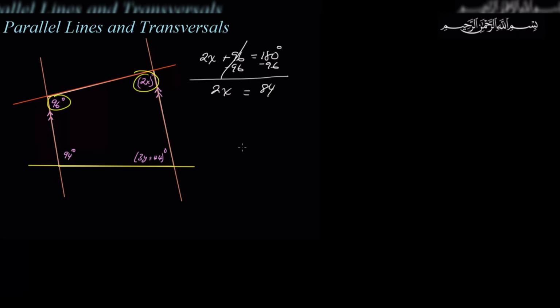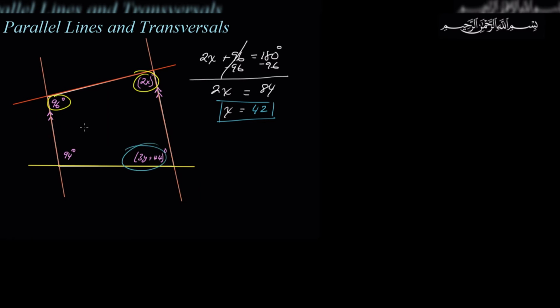Then you divide by 2. I hope my math is correct because it's kind of late at night. So 84 divided by 2 is 42. So x is 42. We're done for x.